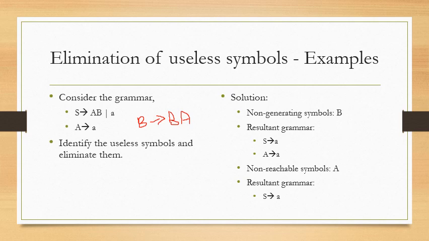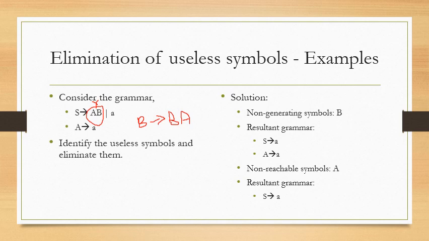In this case, you have to eliminate the production as such. This AB, since B is non-generating, should be removed. So you have only S determines small a and A determines a. Now from the resultant grammar, I have to check whether all of them are reachable.